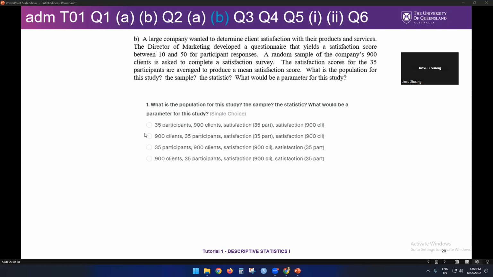So the parameter is the satisfaction for all clients, and the statistic is the satisfaction for our sample. I said it in the wrong order, but basically the statistic is the satisfaction for the 35 participants, and the parameter is the same thing, satisfaction, for the whole population of 900 clients.